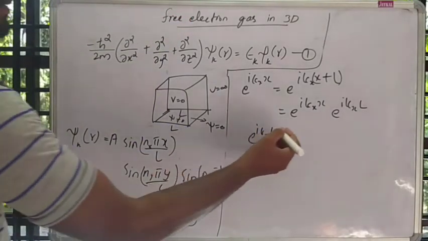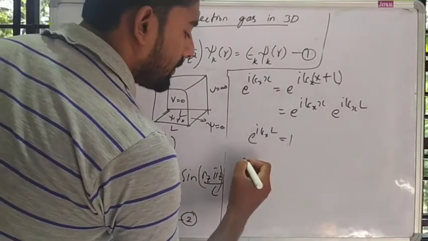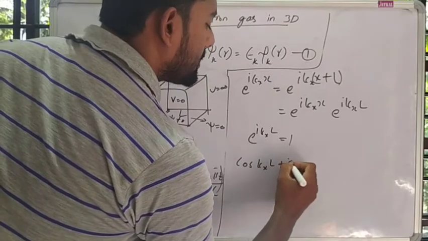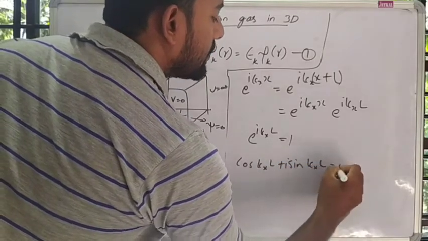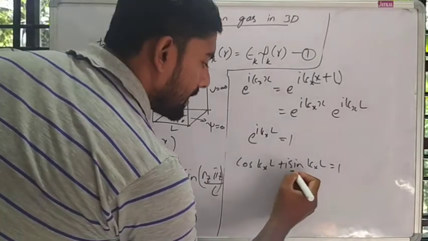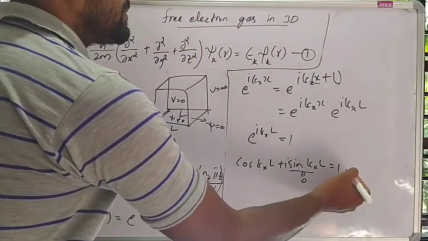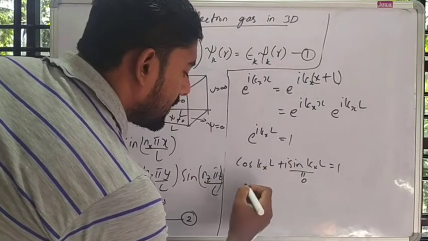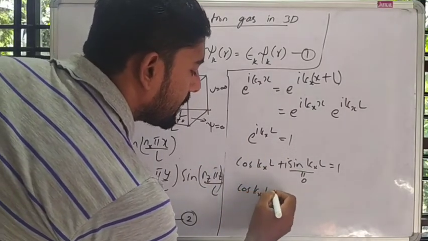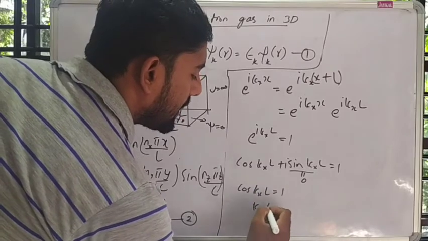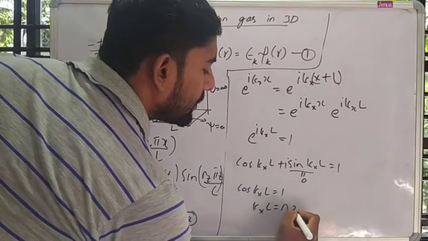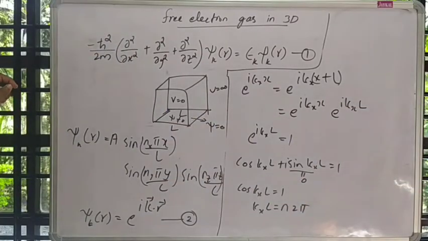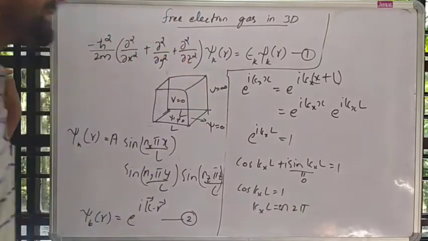If e raised to i kx L is equal to 1, that means cos kx L plus i sin kx L is equal to 1, and the imaginary portion should be equal to 0 because the right-hand side contains only a real portion. So cos kx L is equal to 1, which means kx L is equal to n into 2 pi, where n is equal to 0, 1, 2, 3, etc., or plus or minus n 2 pi.